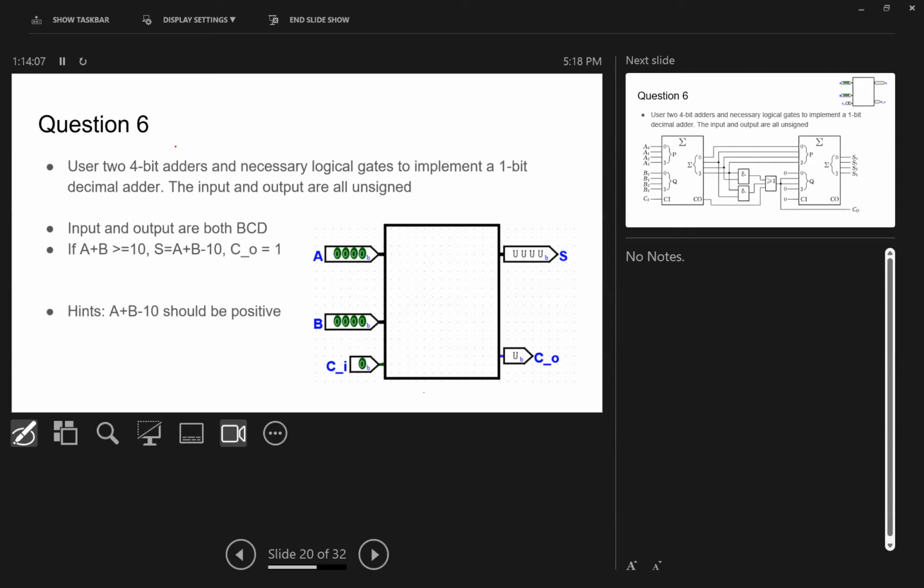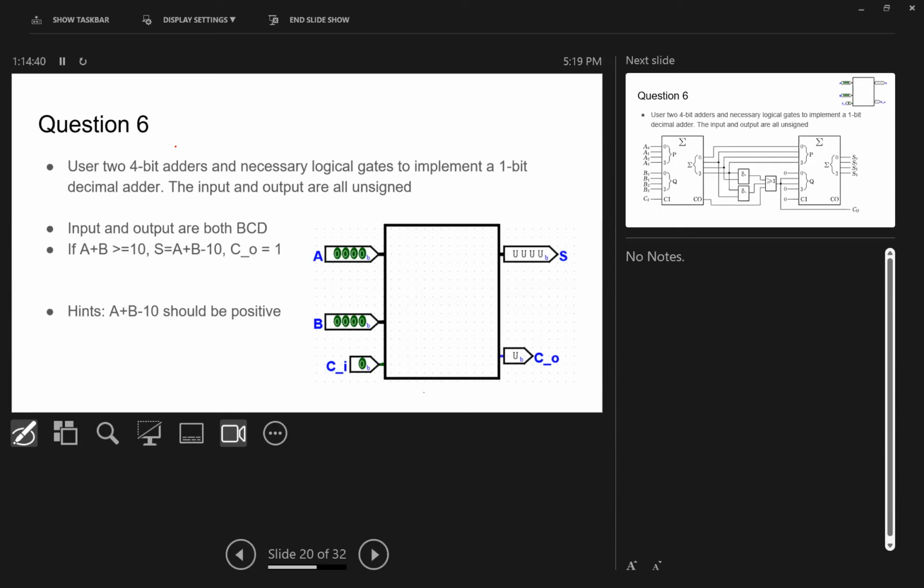So actually, it's quite similar to question 5. We have to consider 2 cases. When A plus B is less than 10, that's fine. We just do the addition and we get the correct result. And when A plus B is larger than 10, the summation should be A plus B minus 10, and the carry out signal should be 1.